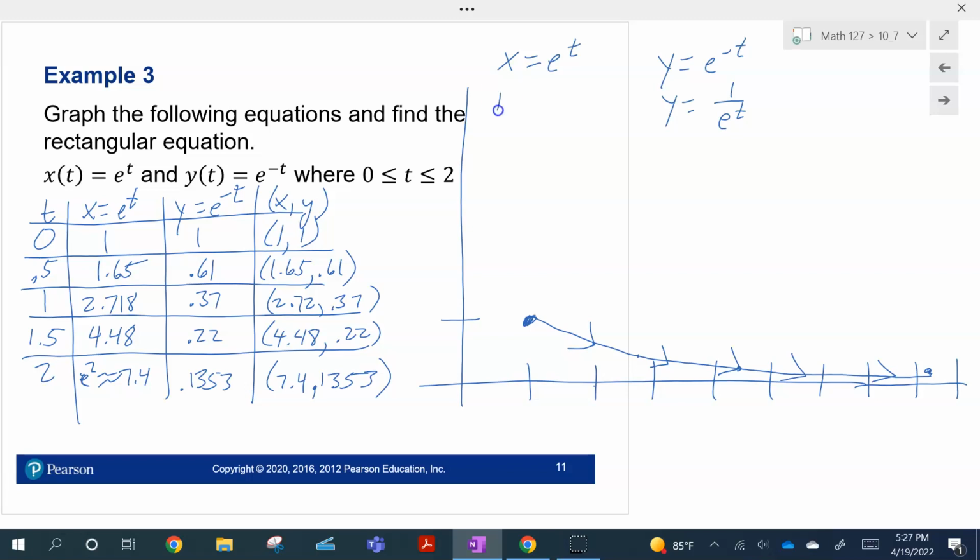So 1 divided by x is an equivalent statement, 1 over e to the t. The reason I did this is because I get 1 over e to the t, and what's it equal to? It's equal to 1 over x. So y equals 1 over x, right?